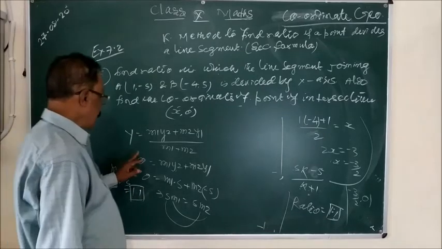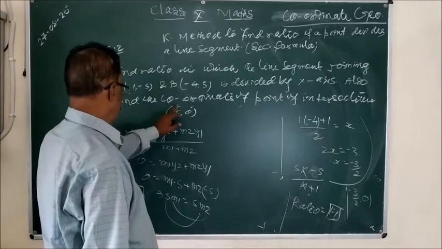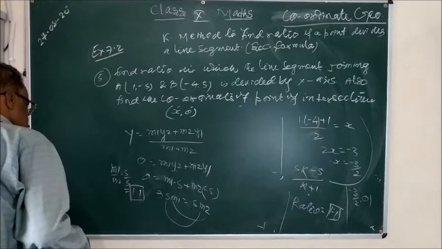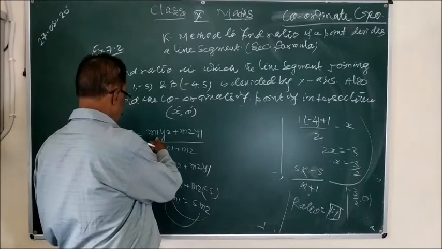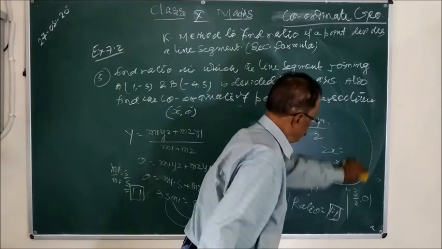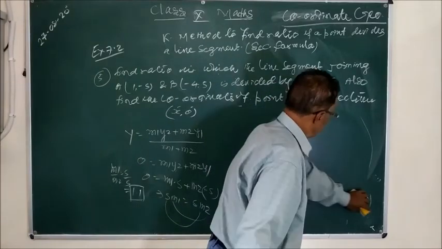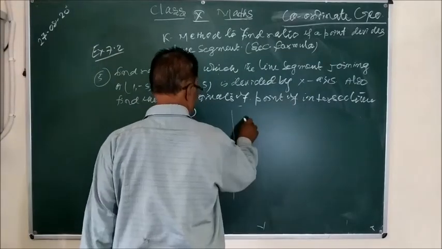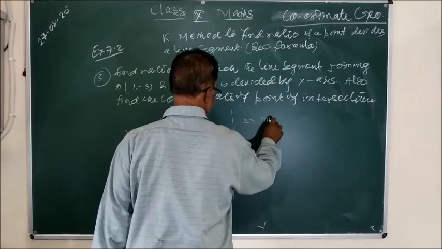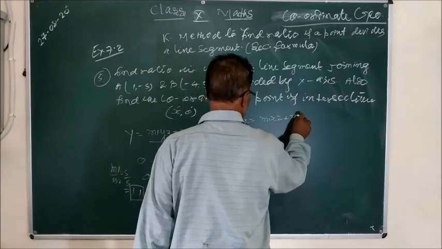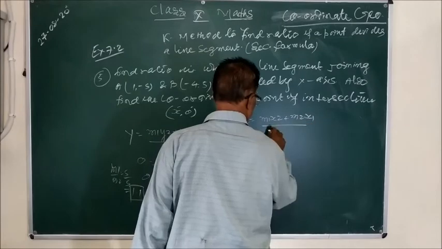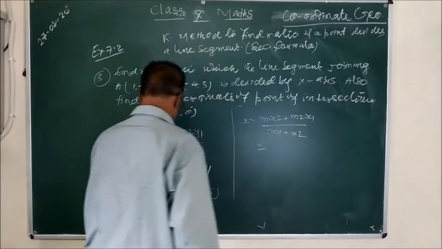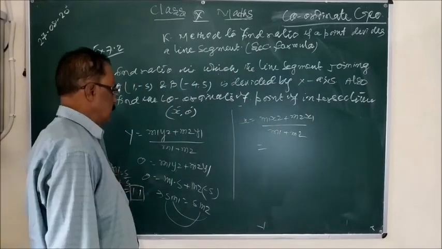Now we know the ordinate, and if you find the abscissa, you will find the coordinates. So now put the ratio value in the x formula to get the coordinates of the point of intersection. x is equal to m1 x2 plus m2 x1 upon m1 plus m2. From this we have the ratio m1 by m2.